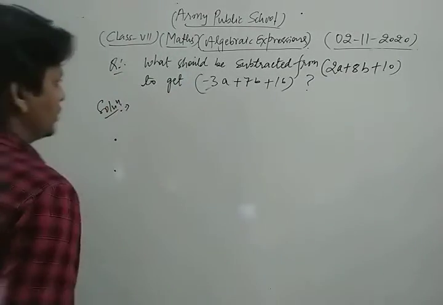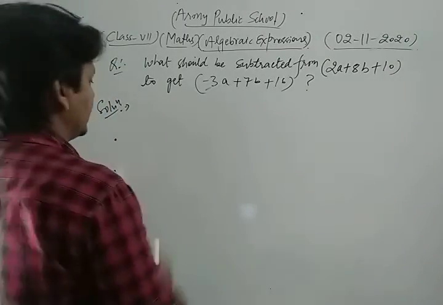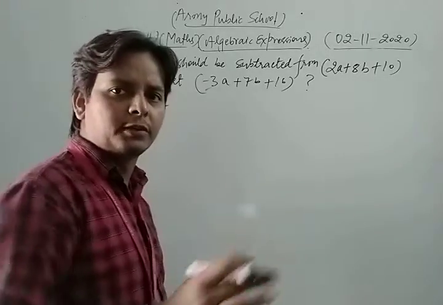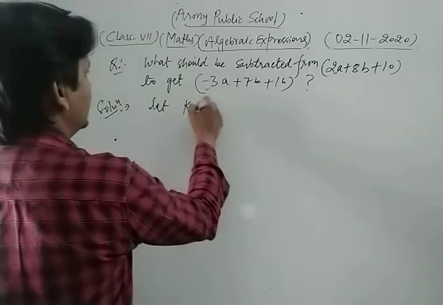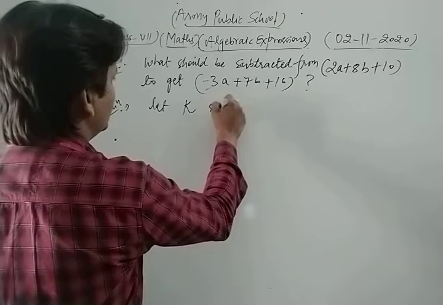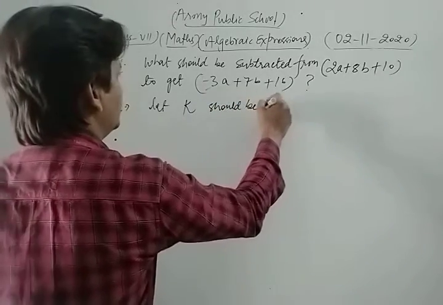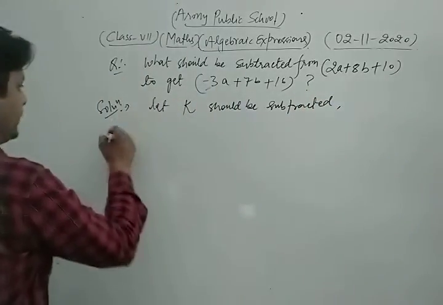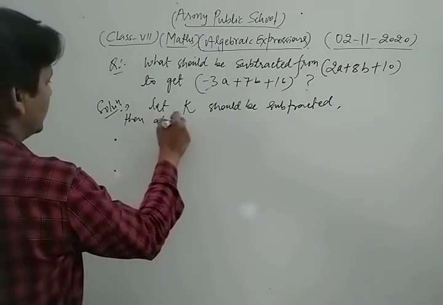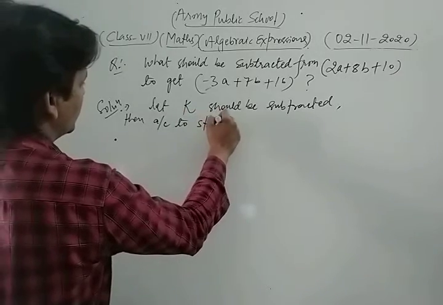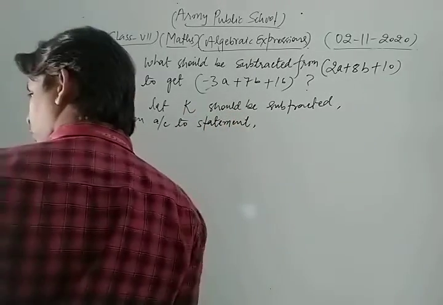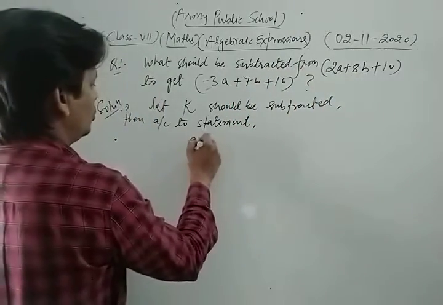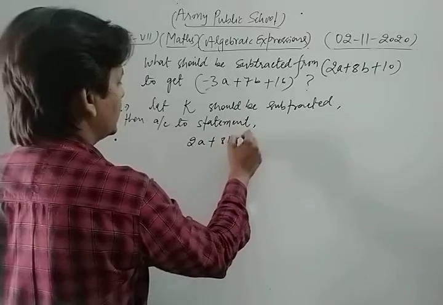Dear friend, first of all, let k be the expression to be subtracted. You can choose any variable as you wish. Then according to the statement, what should be subtracted from 2a plus 8b plus 10?